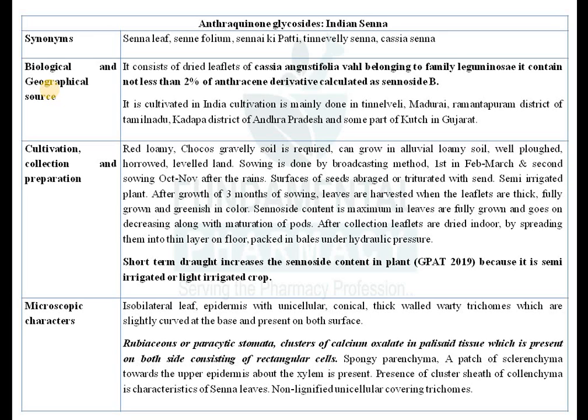So what is meant by short-term drought? देखो, कोई भी मेडिसिनल प्लांट कल्टीवेशन के लिए लगाते हो, तो उसका जर्मिनेशन होता है, ग्रोथ होती है, उसको प्रॉपर पानी तो लगेगा. विदाउट वाटर कैसा होगा उसका. तो शॉर्ट टर्म ड्रॉट मीन्स कुछ समय तक उसका पानी बंद करना. तो पानी देते हैं अपन, उसको कुछ समय तक के लिए बंद करना है. That is nothing but the short-term drought. Short-term drought increases the sennoside content in the plant. But why? जब आप पानी बंद कर देते हो, तो प्लांट में मैच्योरिटी जल्दी आती है, क्योंकि उसको मालूम है पानी नहीं है अभी.